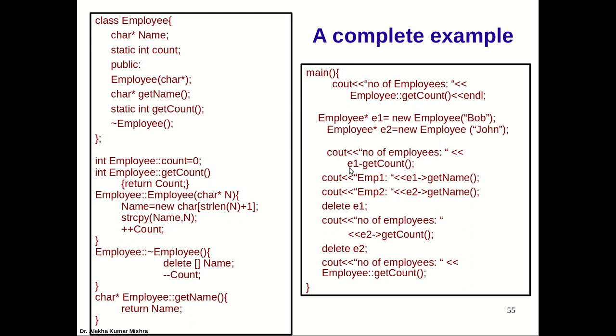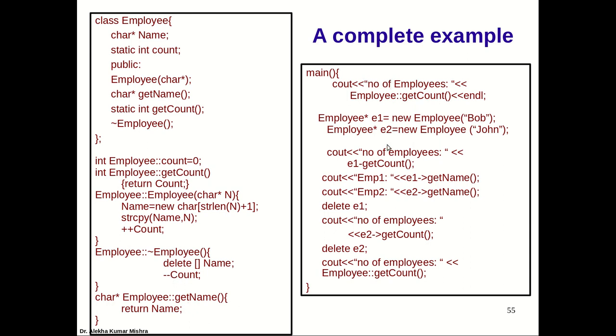So when we say Bob, a new object is created dynamically and the name is assigned as Bob, and John. Then we also have a destructor to safely deallocate the memory whenever the object is destroyed.